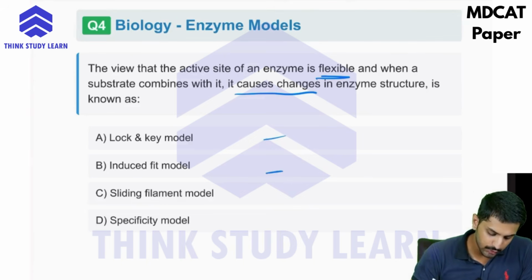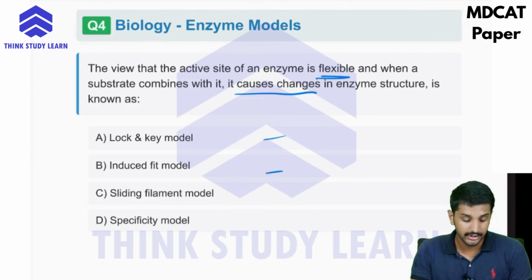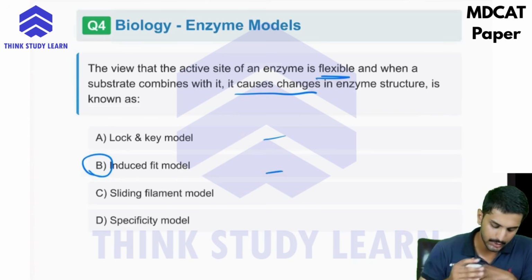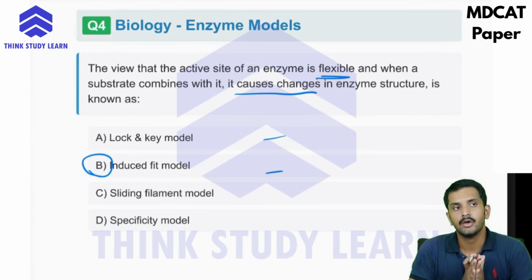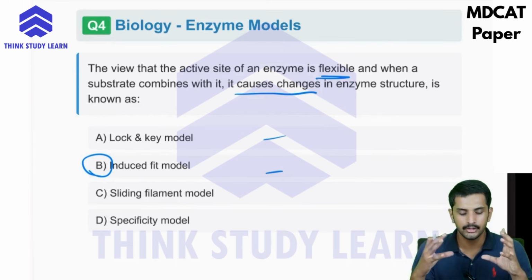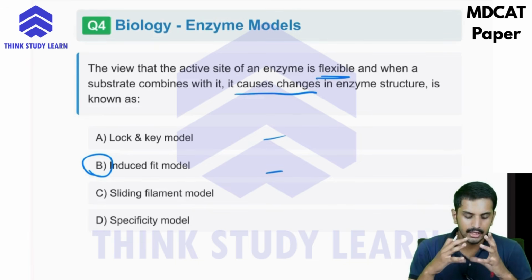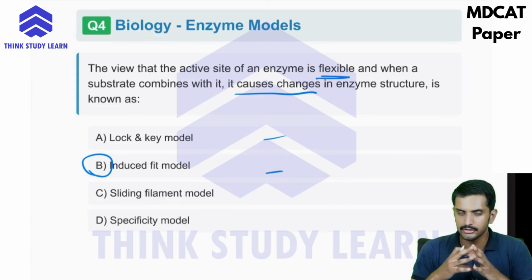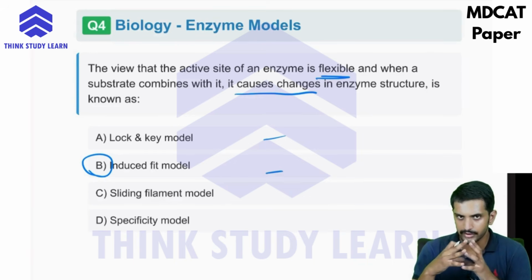However, the word also suggests induced fit, induced. So the induced fit model is the correct one, in which the active site of the enzyme and the substrate combine but they slightly interact. So which means that they have slight changes. So they do some changes to fit with each other.